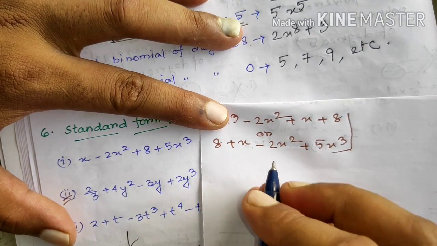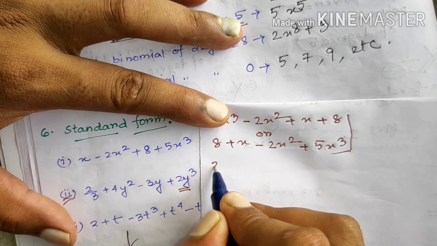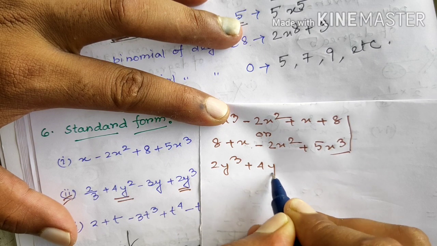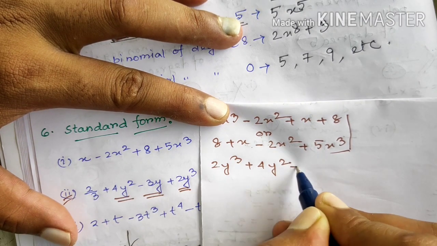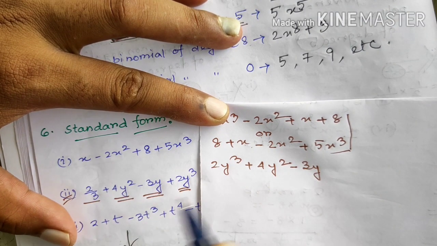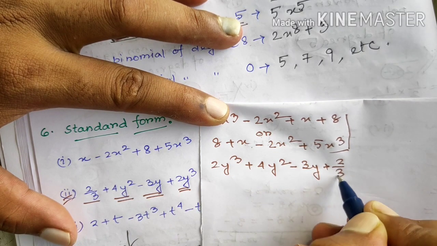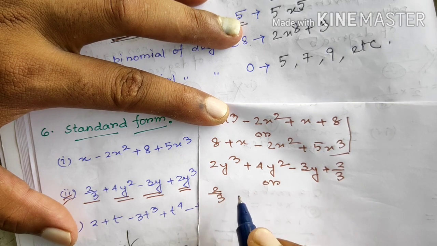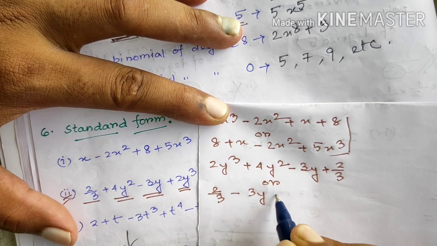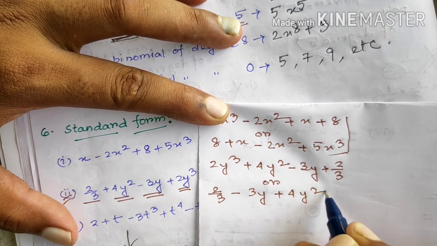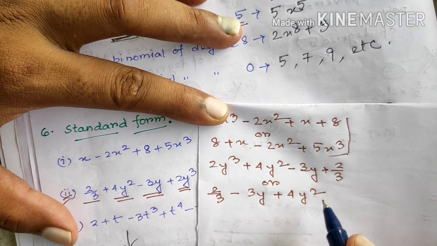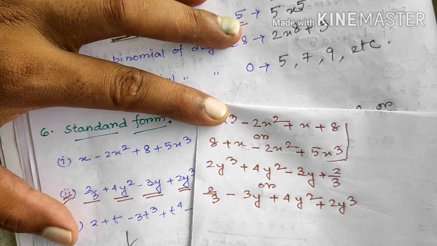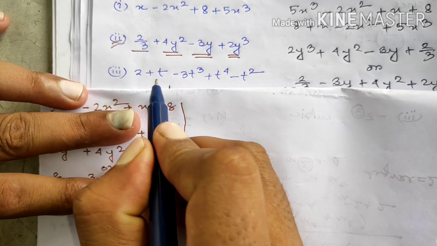For the second, 2y cube is the highest, second 4y square, third minus 3y, fourth plus 2 by 3. Or 2 by 3 minus 3 by 3y plus 4y square plus 2y cube. First is ascending and second is descending.